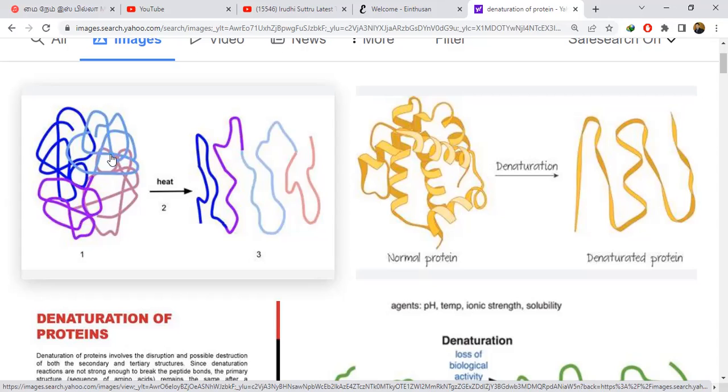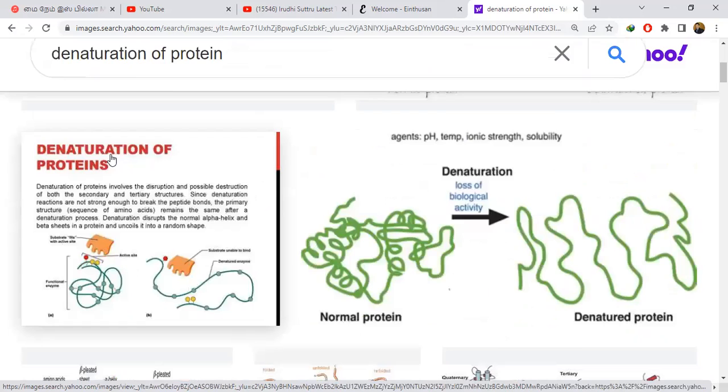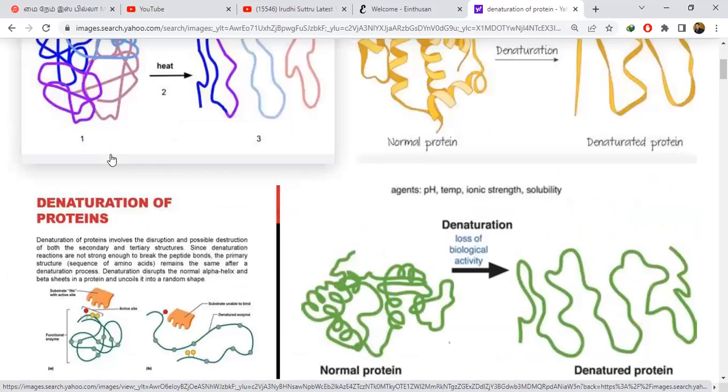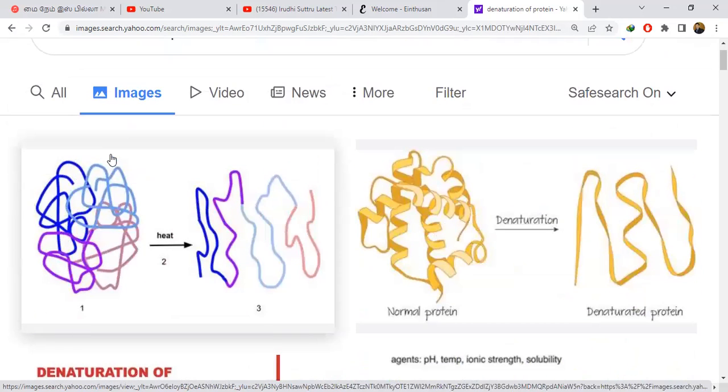Losing the three-dimensional structure in a protein is called denaturation. Understood?